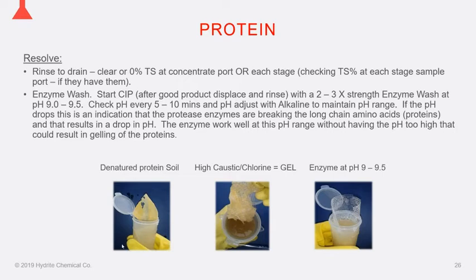For really optimal effects, you want to target that low range and increase the enzyme concentration. So just keep in mind, especially in the center picture there, you can see if your caustic level pH gets too high, you can actually make that gelling worse. You can start to really gel up inside those elements. It just makes it hard to get out of there.